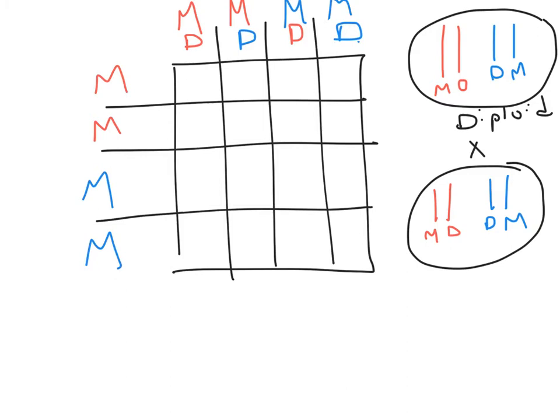Red is one chromosome, blue is another. So the red M can go with red D, or it has to be blue D. And the blue M can go with red D, or the blue M could go with blue D. And those are, again, the 4 types. They're always present in the exact same frequencies, 1 to 1 to 1 to 1.